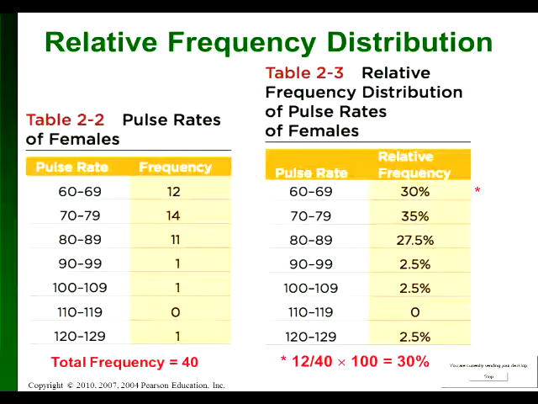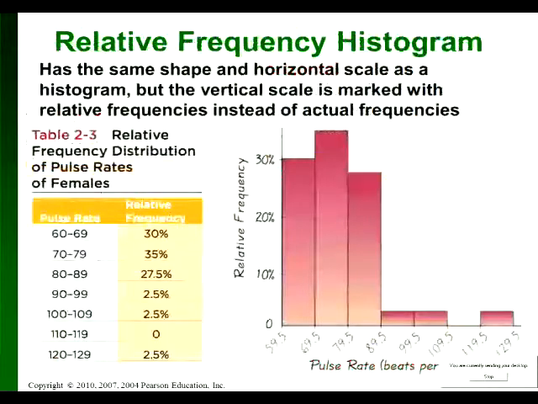Here's our relative frequency table for the pulse rates. It's just each of those values divided by 40, which gives you the percent of individuals that fall in each class. So we can do the same thing with our cigarettes.